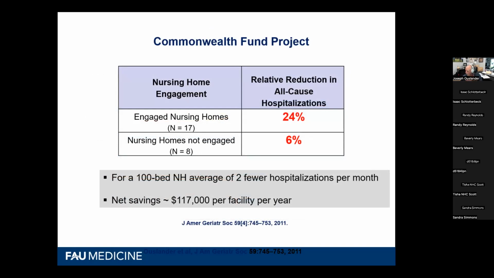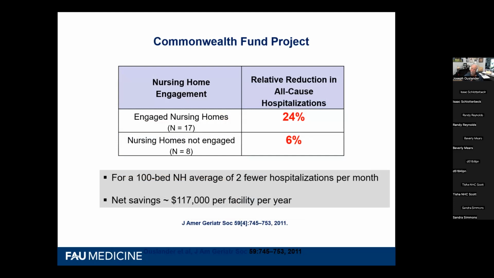Now, what about the effectiveness of the program? The first study that we did was a sample of nursing homes in 3 states, funded by the Commonwealth Fund: New York, Florida, and Massachusetts. It wasn't a randomized trial. We divided the homes into those nursing homes that were engaged and not engaged, without knowing their hospitalization rates.